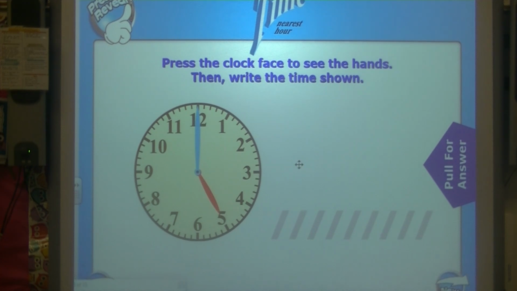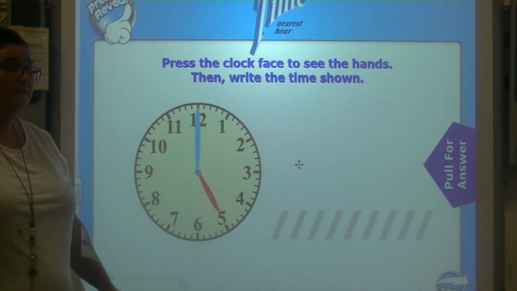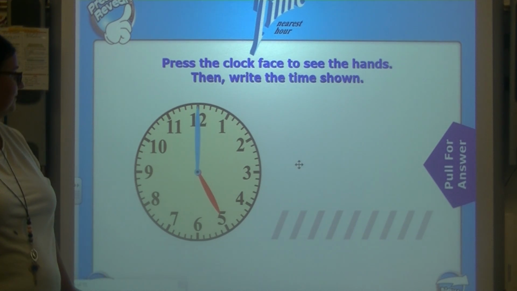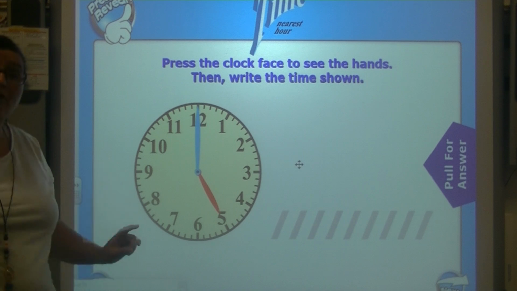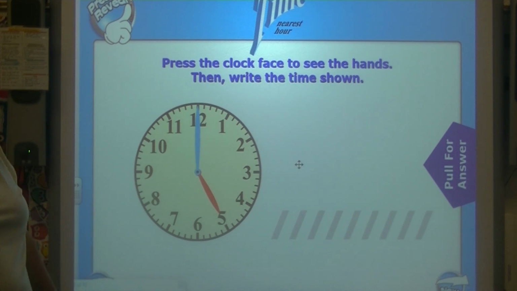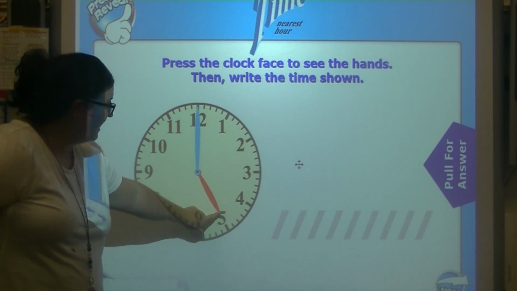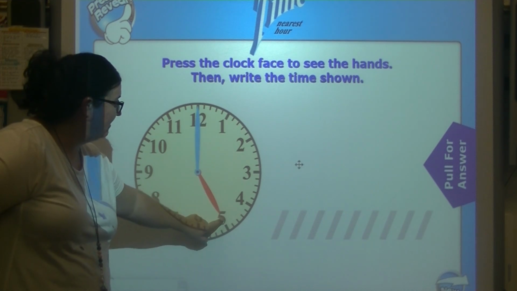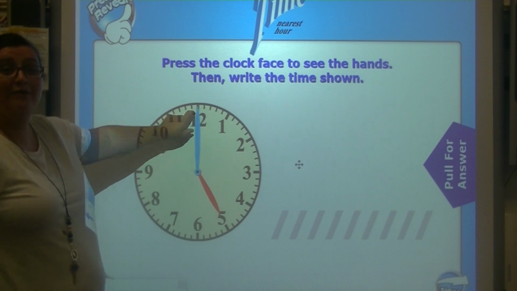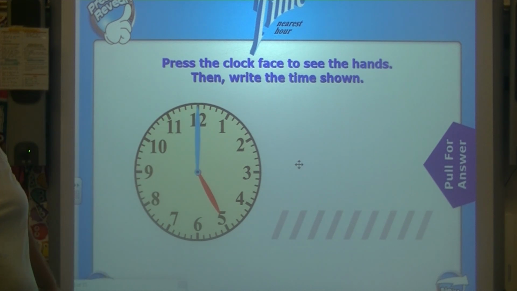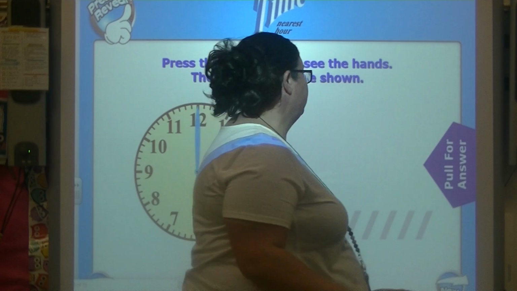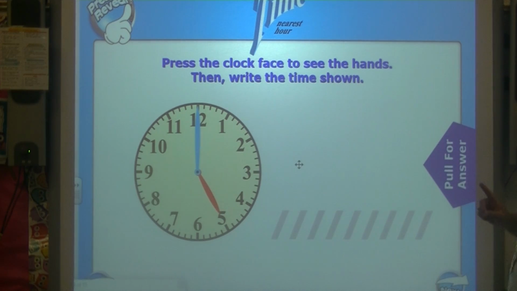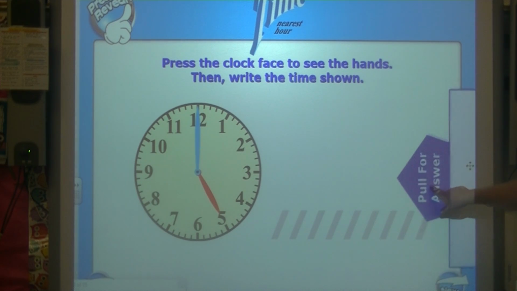All right, boys and girls, what time is it? All right, where is our hour hand or short hand? It's on the 5, so it is 5 o'clock. 5 o'clock. Now, let's see how they write the digital time.